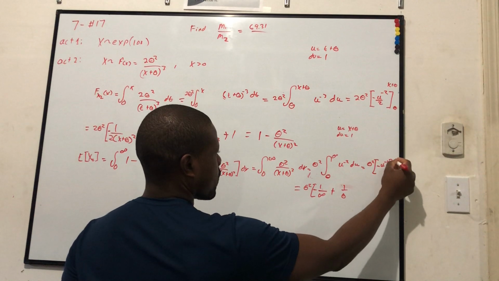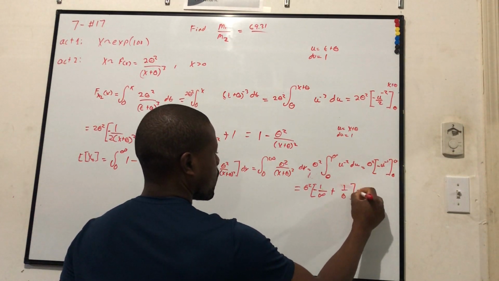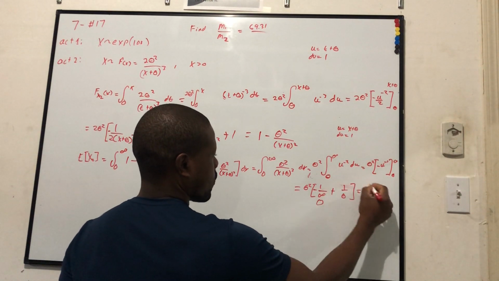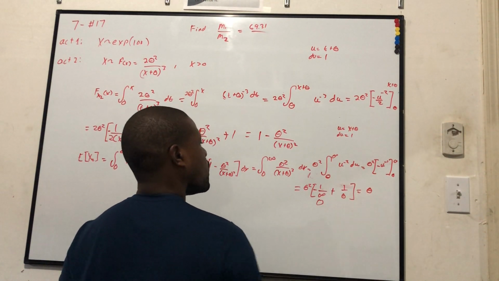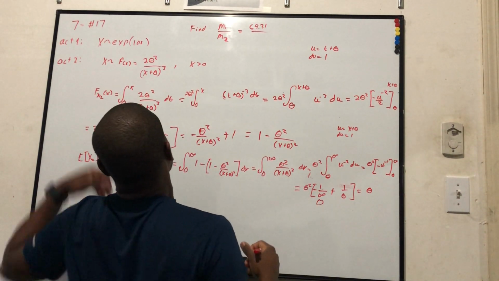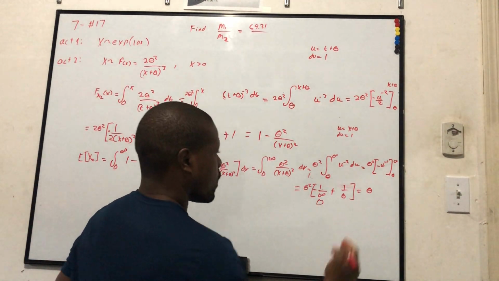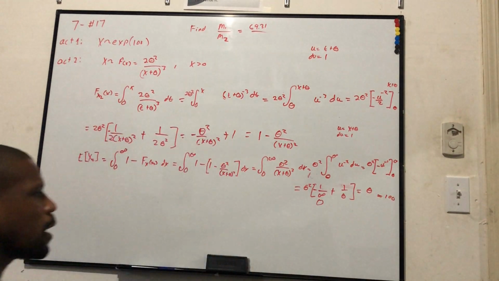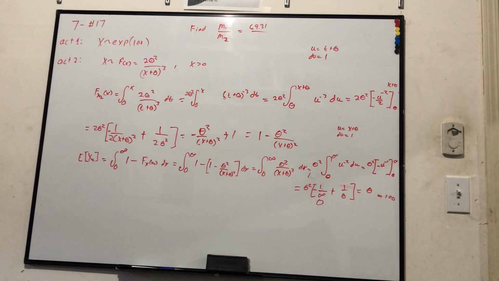We get theta and infinity. Then, of course, this is 0. This comes out to be just theta. And we know what theta was. We're going to claim that theta is approximately 100.